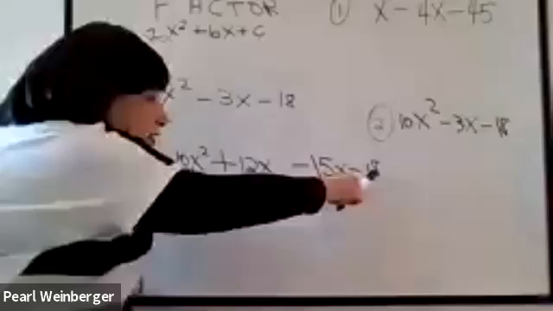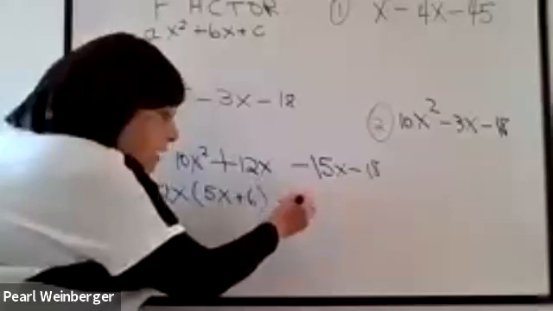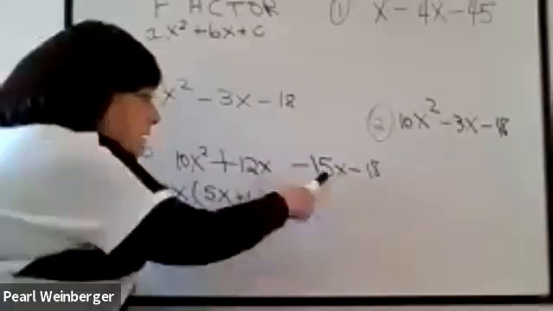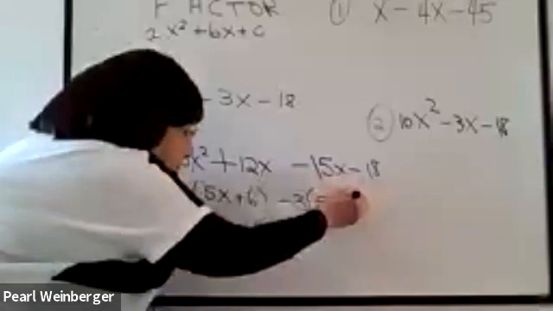In my case, I see a common factor of -3. It has to be negative because this number is negative. And between 15 and 18, 3 goes into both of them. -3 into -15x is +5x. -3 into -18 is +6.